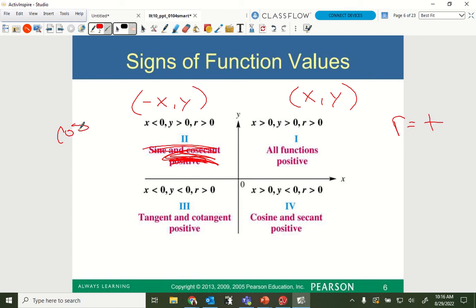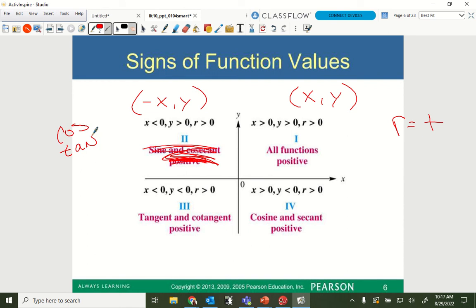What else goes with the x? Tangent. Tangent's going to be negative here, right? Because it has a y and x. So that's also negative. Anything else? There's 6 functions, remember? Tangent, cotangent, secant.